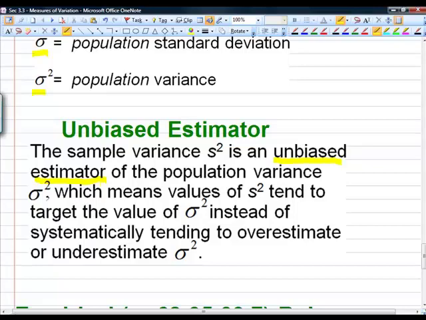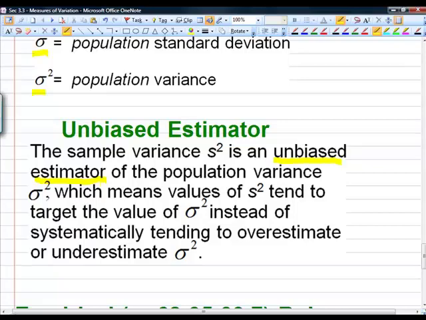Unbiased estimators are what we aim for when we start doing inferences or making conjectures about populations. The mean is an unbiased estimator, the variance is an unbiased estimator, and those are good things. Okay, that's what we strive for.